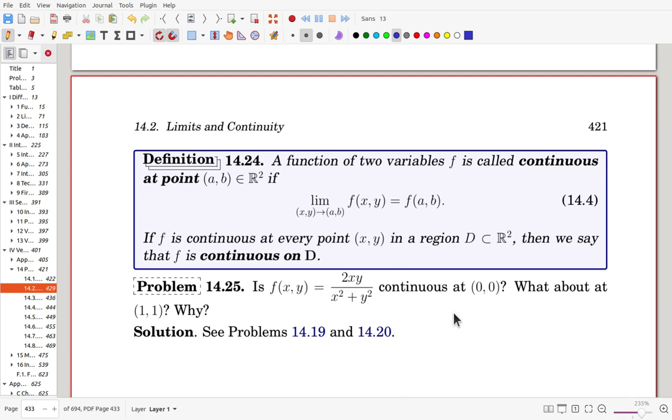We define the continuity of a function of two variables exactly the same way here. If the limit as (x,y) approaches (a,b) of f of (x,y) is f of (a,b), then we say that the function is continuous at the point.